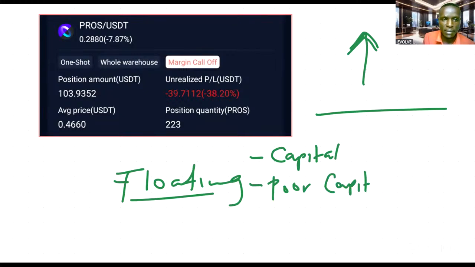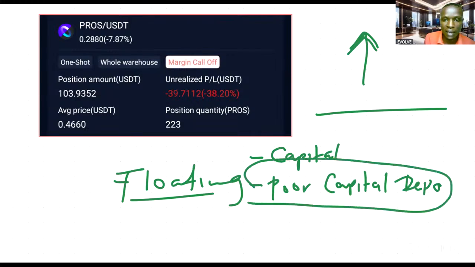You entered the money in the market wrongly. This is poor capital deployment. Give me a yes if this is clear. So every time you enter your market wrongly, it doesn't matter whether you have a lot of capital, you can get stuck.